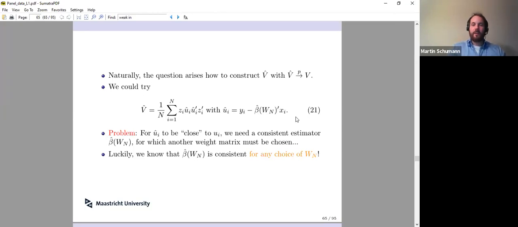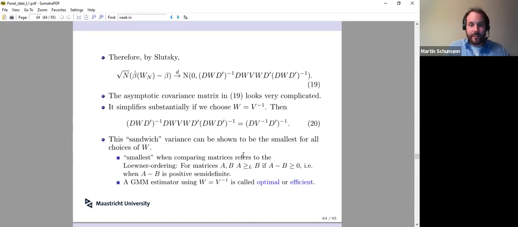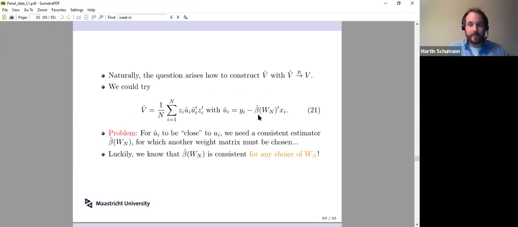Now, if you look at our way of estimating V hat, it looks a bit circular, right? In order to find the best GMM estimator, we actually need an estimator. So it looks like the cat is biting its tail. However, recall that the optimal weight matrix is relevant for asymptotic normality, whereas for a beta that is consistent, we don't need the optimal weight matrix.